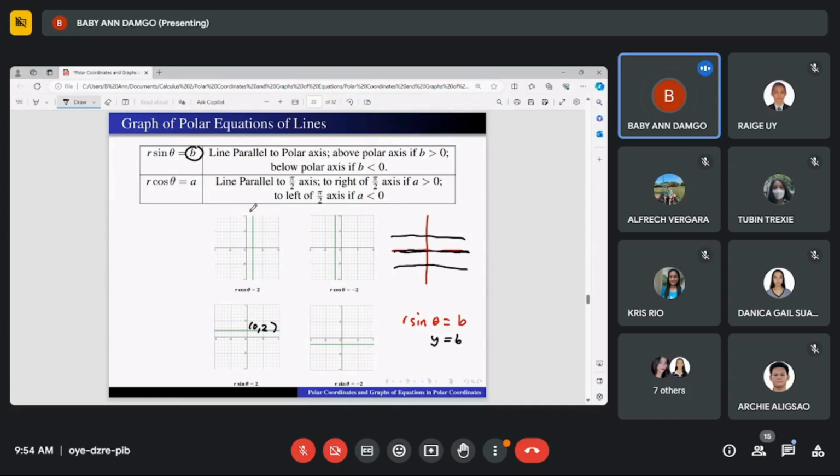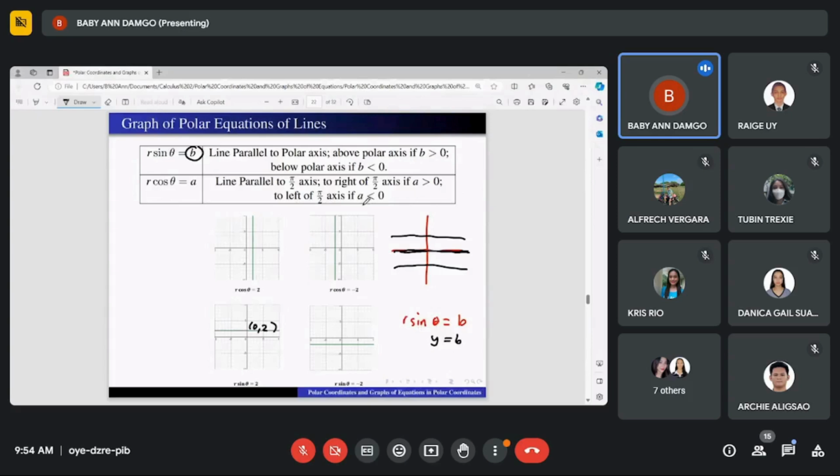And then, it intersects at 2, 0. Okay? That is our example, r cosine theta is equal to 2. So, if a is less than 0, it is on the left. Okay? And then, it intersects at negative 2, 0.